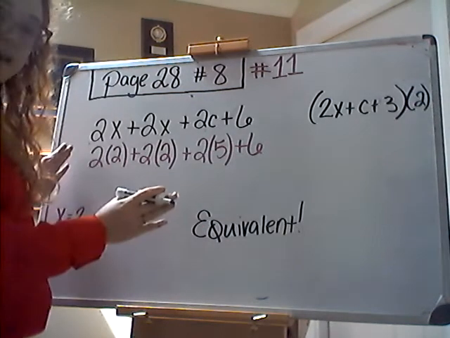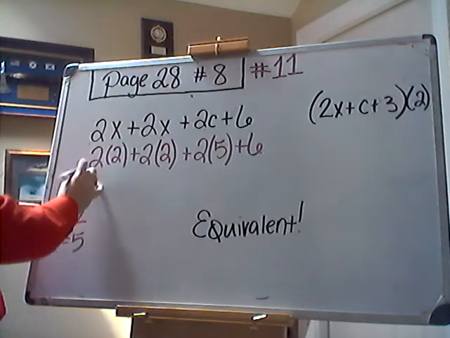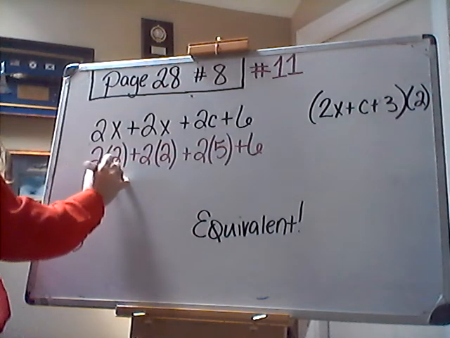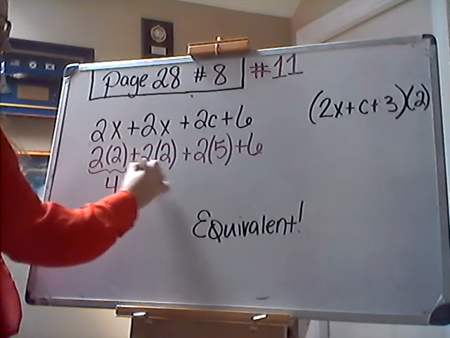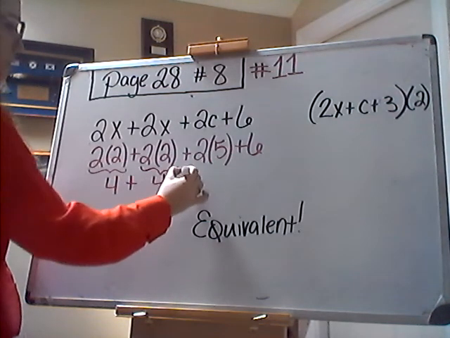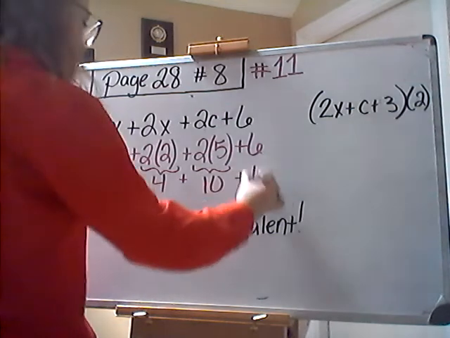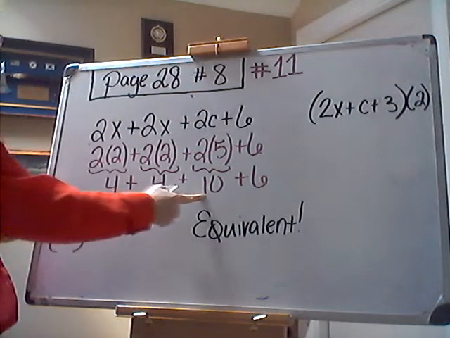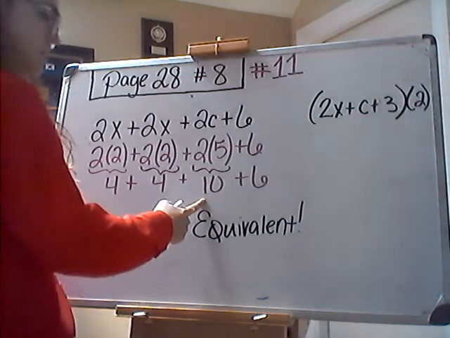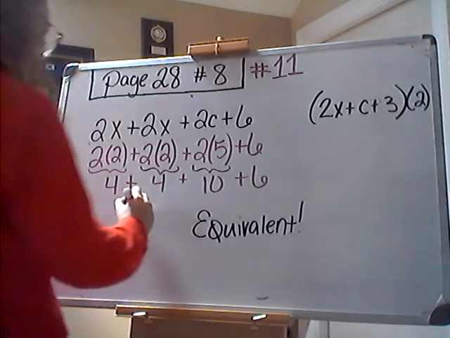So we have to do all of our multiplication before we can do any of our addition. So our multiplication from left to right is 2 times 2 is 4, plus 2 times 2 is 4 again, plus 2 times 5 is 10, plus 6. Now we can add everything up. 4 plus 4 is 8, plus 10 is 18, plus 6 is 24.